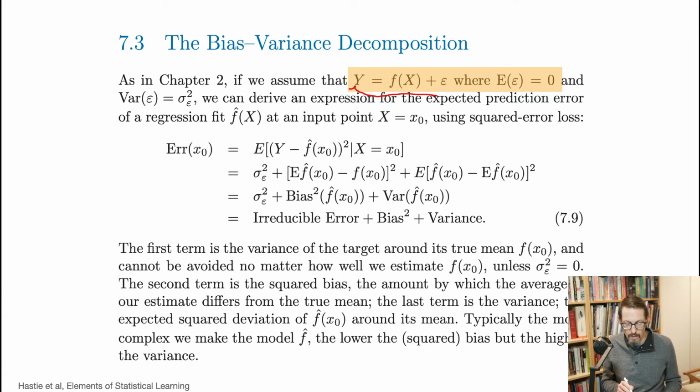This is my random noise. And critically, this random noise, especially in the standard linear setups, is supposed to be a Gaussian with mean of 0. Its expected value is 0, so the noise is centered on the true value.